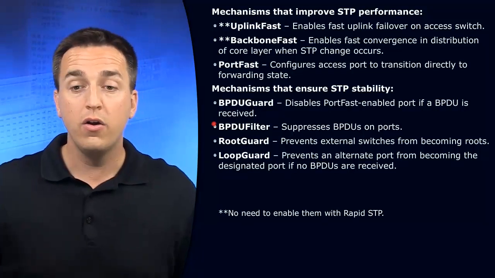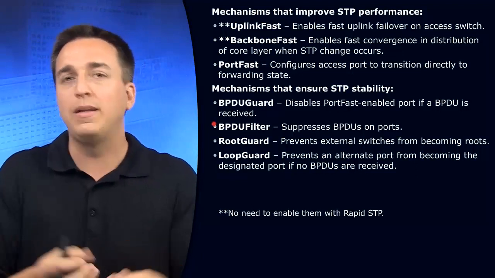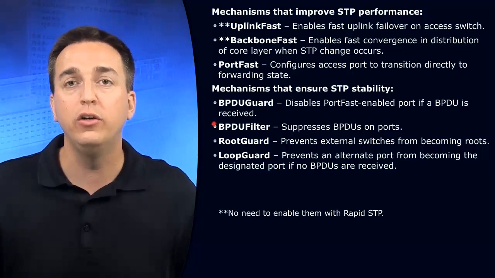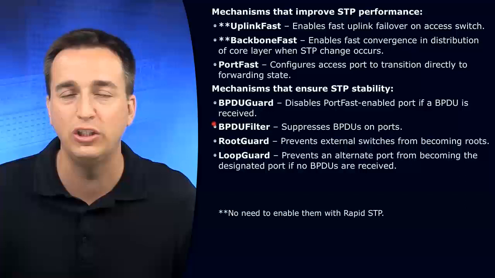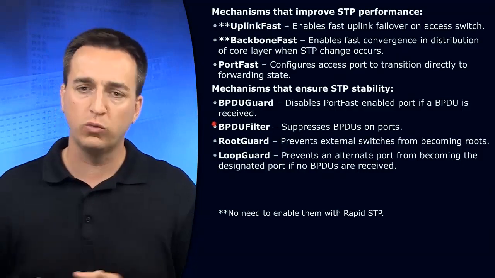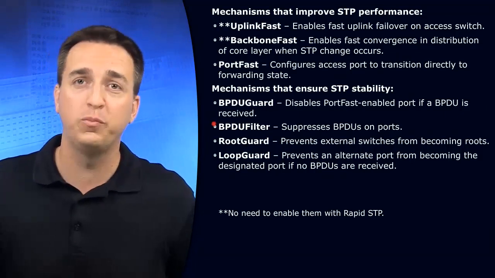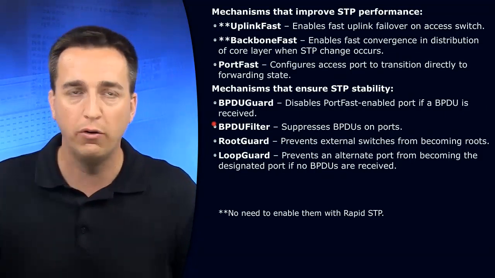That way, a user or a device out that port won't capture those BPDUs and then use them to analyze and determine what the overall spanning tree topology is. So BPDU filter works well on the periphery of your spanning tree topology, on those ports that go down to end stations or on those ports that go to routers.